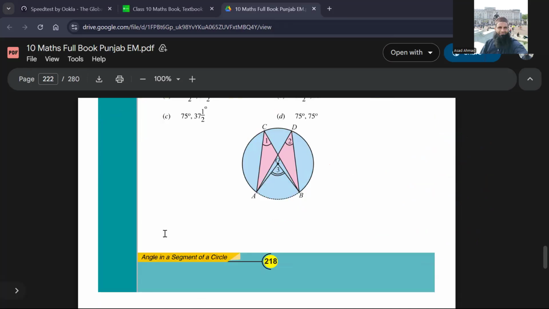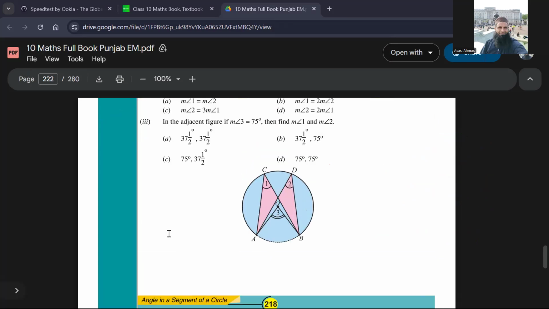Number 3. If the central angle is angle number 3, which is 75 degree, and 1 and 2 are equal angles because they are angles in the same segment. 1 and 2 are equal, but they are actually circumangles.